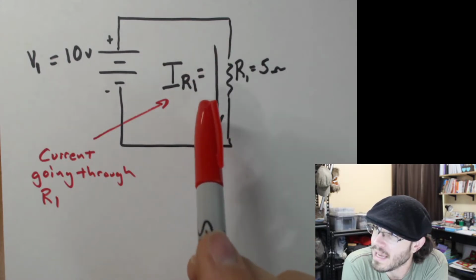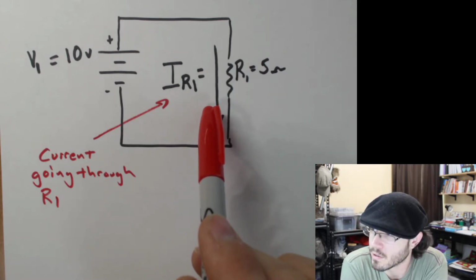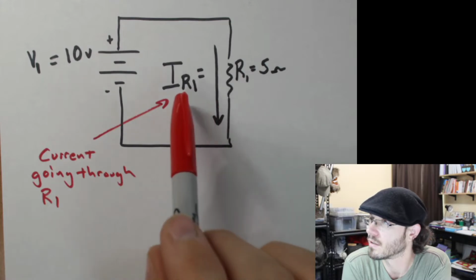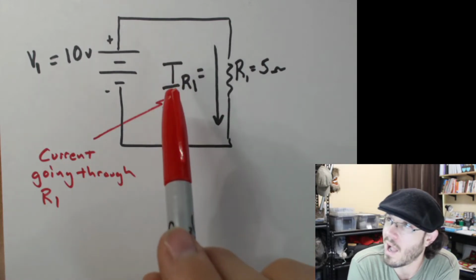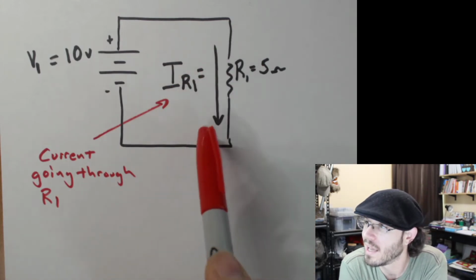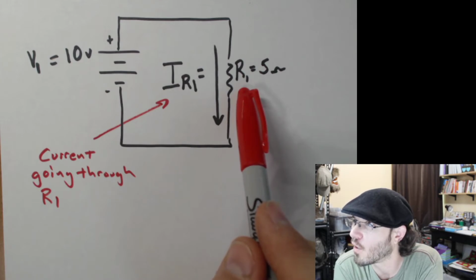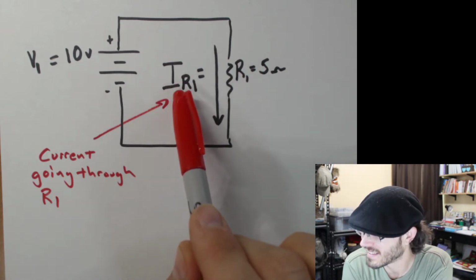So if we're going to be very specific, as we should be if we're going to be engineers, we're going to go ahead and label things properly. So IR1 is always going to refer to the current going through R1. If I called this R hello, this would be IR hello, right? Okay.